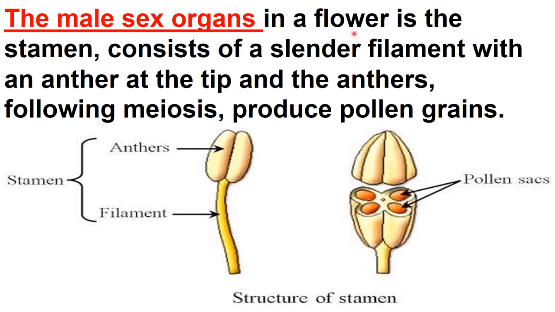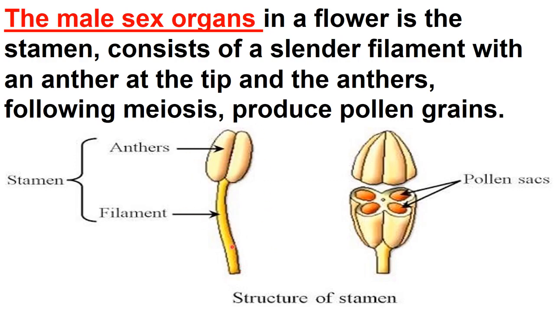So the flower is the reproductive organ in the angiosperms, and within the flower the male sex organ is present, called the stamen. This stamen consists of a slender filament with an anther at the tip, and the anthers, following meiosis, produce pollen grains. You can see here this complete structure is called the stamen.